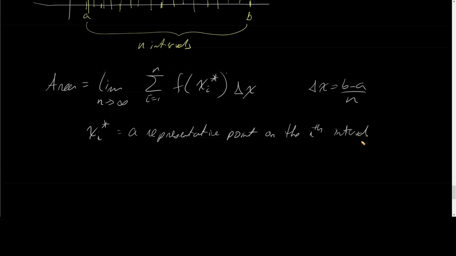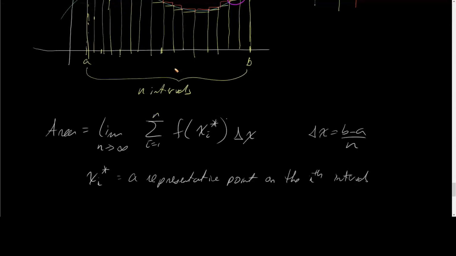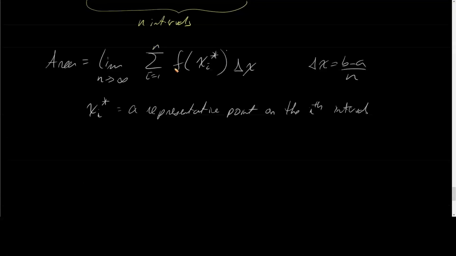Well, that x sub i can represent the point that makes the rectangle the lower value, or the upper value, for the lower sum or the upper sum, or the midpoint, or the left endpoint, or the right endpoint, or any point in this interval, right? In general, rather than work with upper and lower estimates, or the midpoint, we try to work with either the left or the right endpoint.